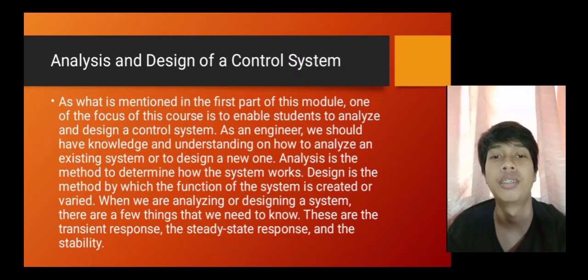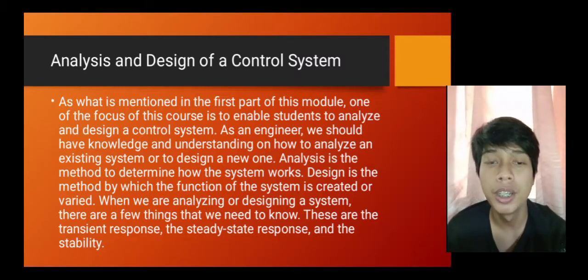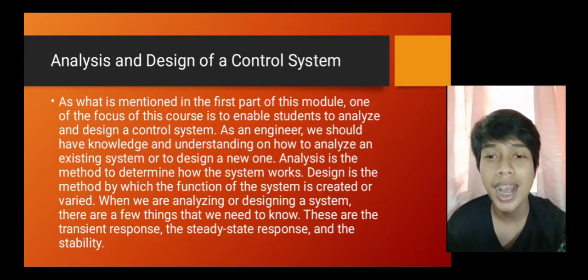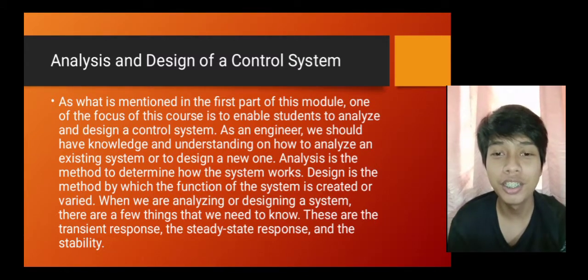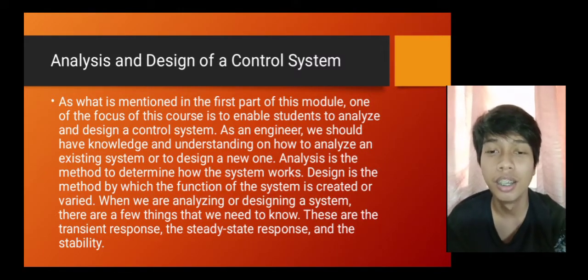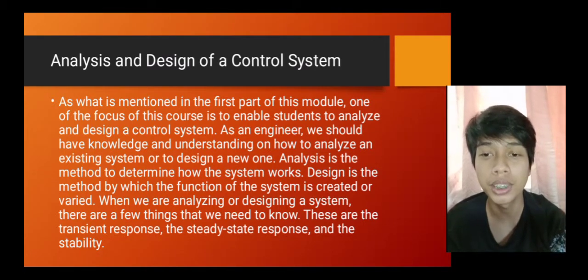Analysis and design of a control system. As mentioned in the first part of this module, one of the focuses of this course is to enable students to analyze and design a control system. As an engineer, we should have knowledge and understanding of how to analyze an existing system or to design a new one. Analysis is the method to determine how the system works.